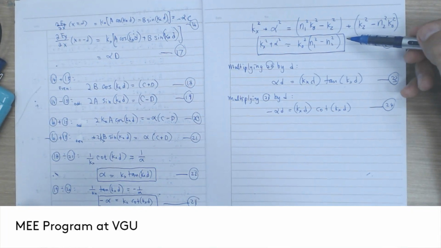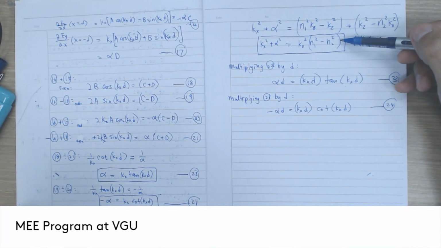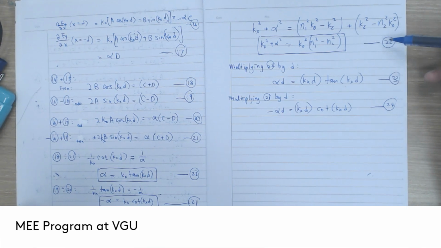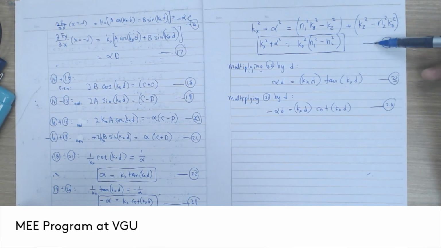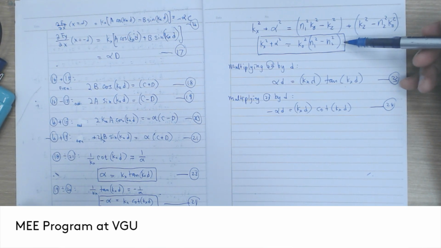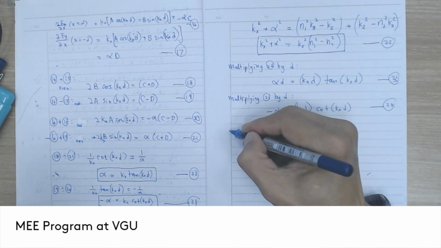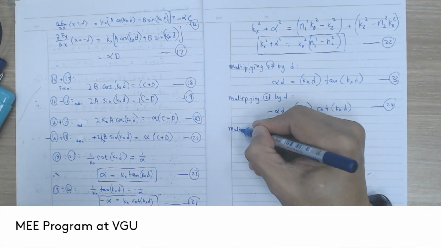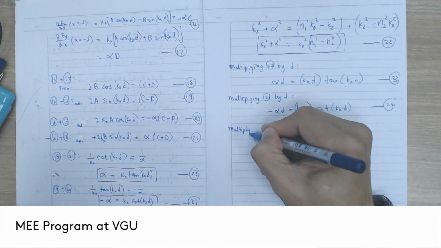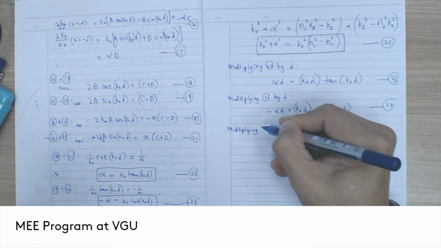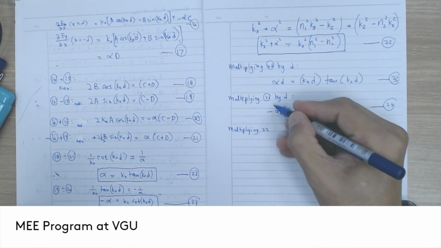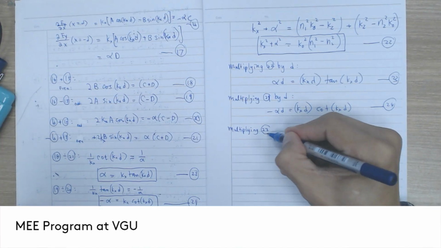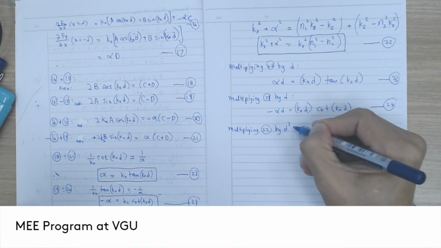And for this one, we are also trying to do it. In this case, we multiply 22 by d squared.